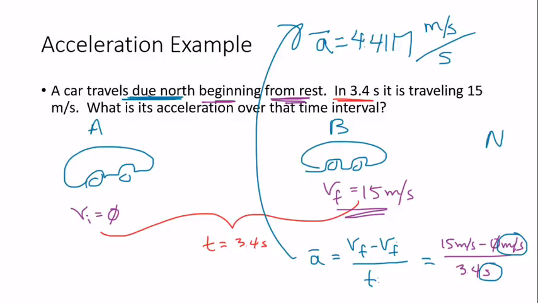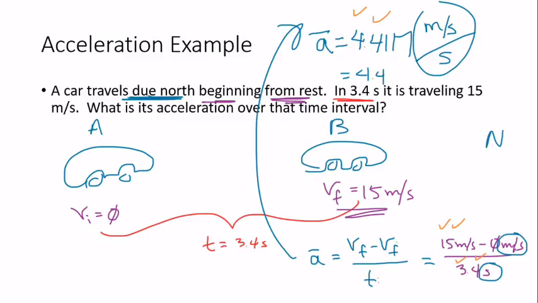I want to round it better. I'm thinking 2 digits up here-ish and 2 digits down there. I'm only going to take 2 digits, so I'm going to round that to 4.4. Now let's take a look at our units.